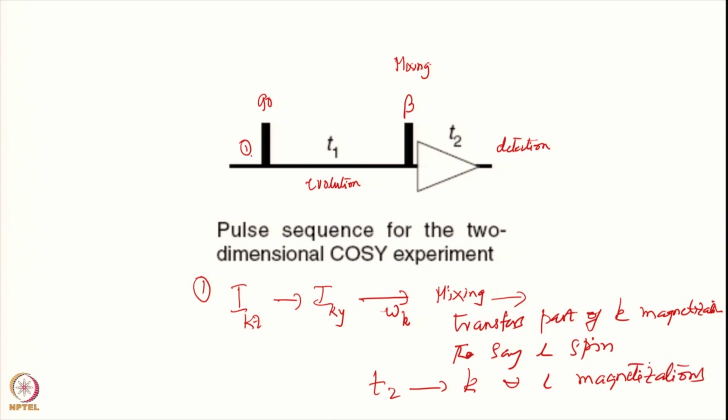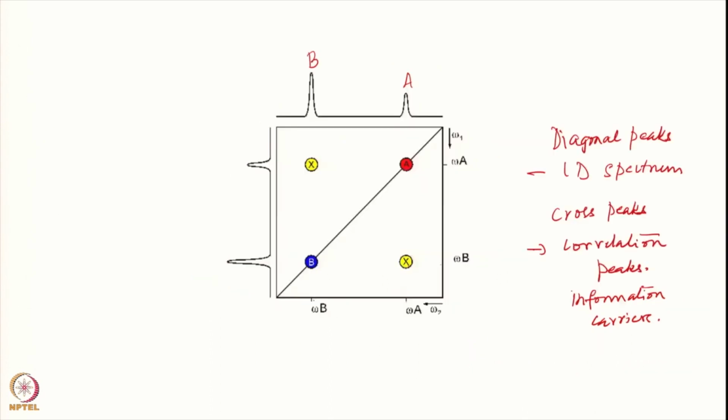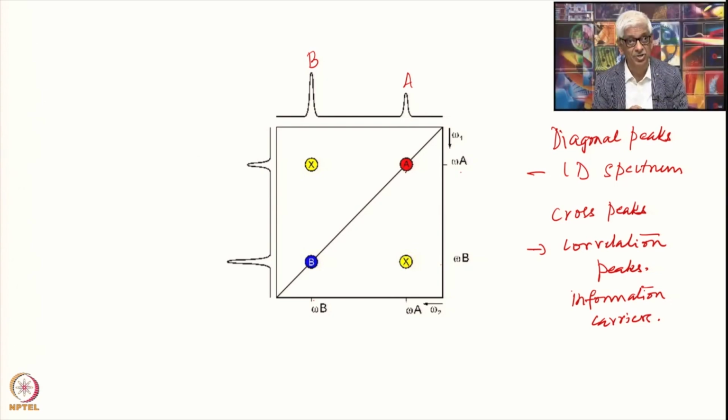Right, and this is the basis of this scheme here. So during the t1 period, what is present along the F1 axis, the omega 1 axis, is the omega A frequency. In the t2 period, because of the mixing, I have both A magnetization and B magnetization, or the K magnetization and the L magnetization.